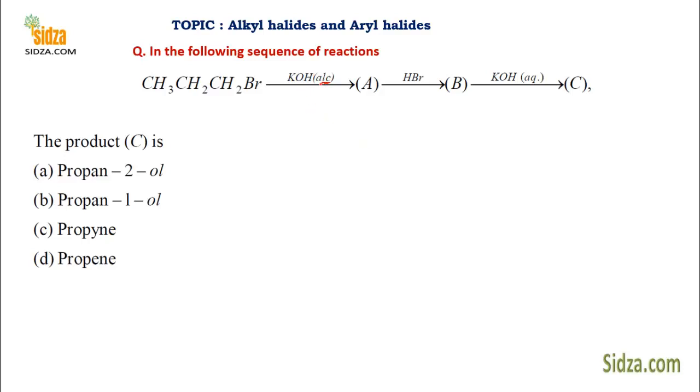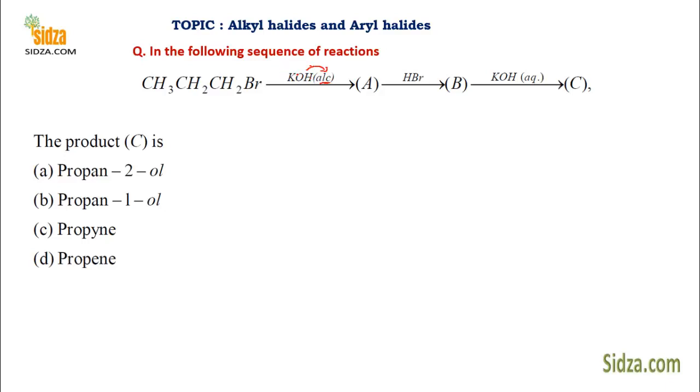In the alcoholic medium, the hydrogen and the halogen are lost. Dehydrohalogenation occurs, so you get an alkene. If you react potassium hydroxide in alcoholic medium, alkyl halides undergo an elimination reaction, because in alcoholic medium, hydroxide ion acts as a very strong base.